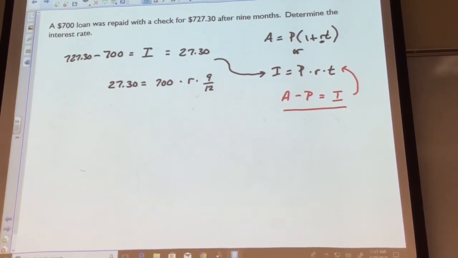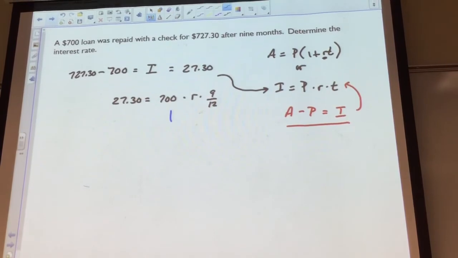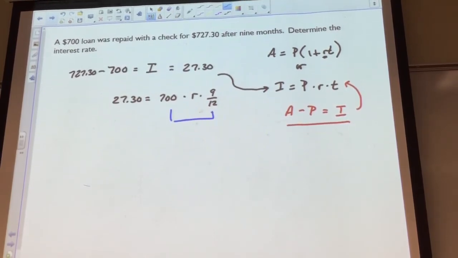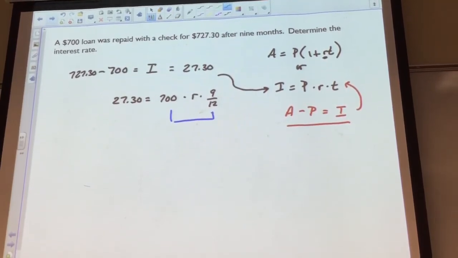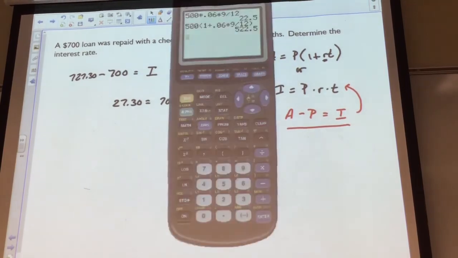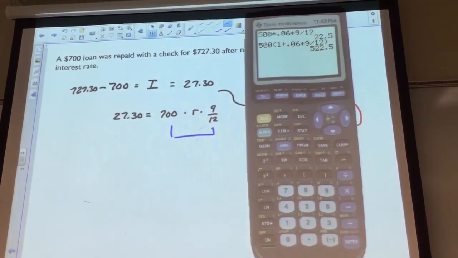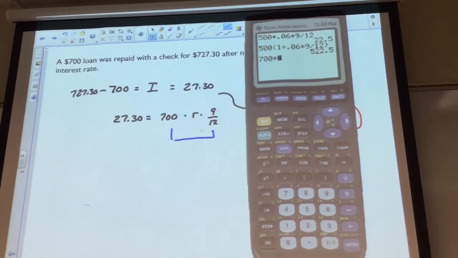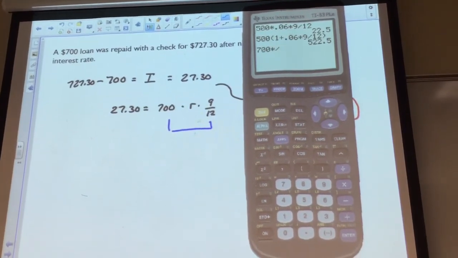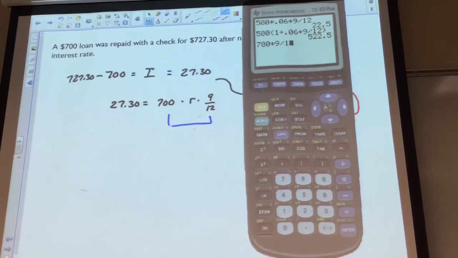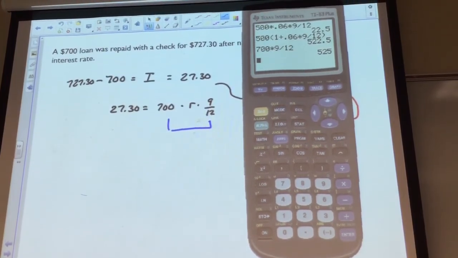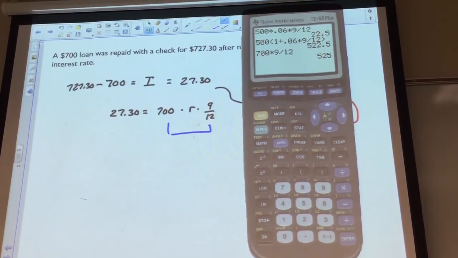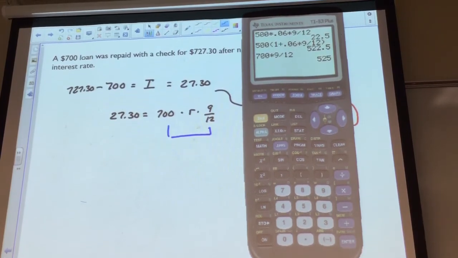Some of you used the Help Me Solve This on these problems, and the Help Me Solve This encouraged you to do this multiplication problem first, which is a possibility. The only danger in that is if we take this 700 and we multiply it by 9/12, there's no guarantee that we're going to get a nice number. And I saw that when people didn't get nice numbers, they didn't like that, so they rounded off.